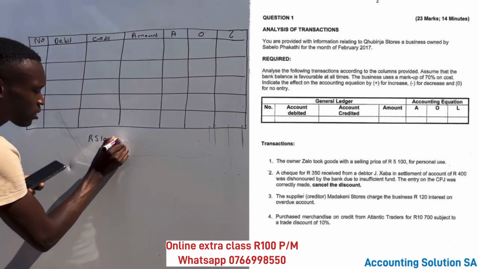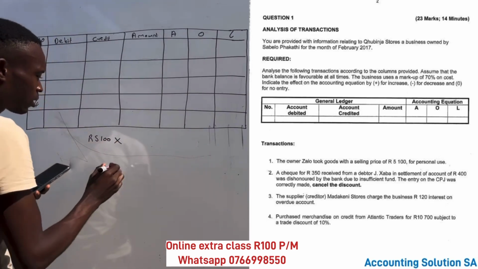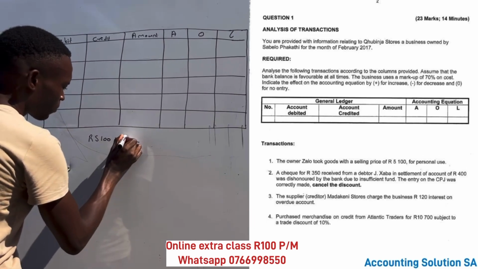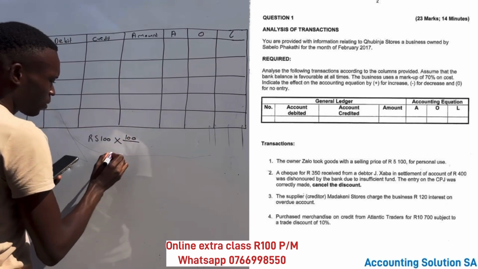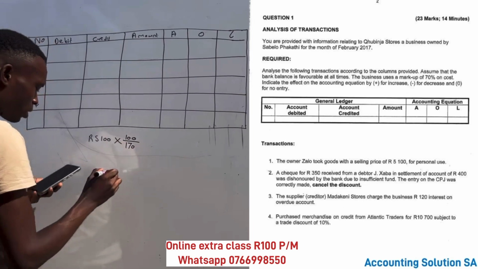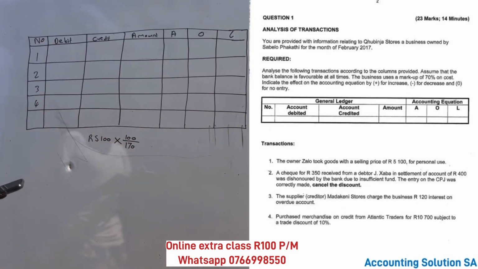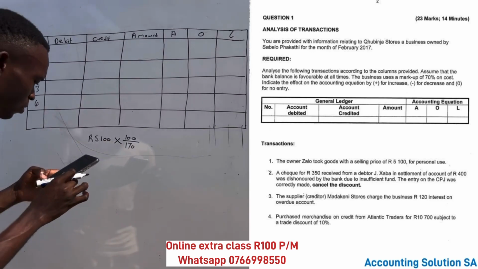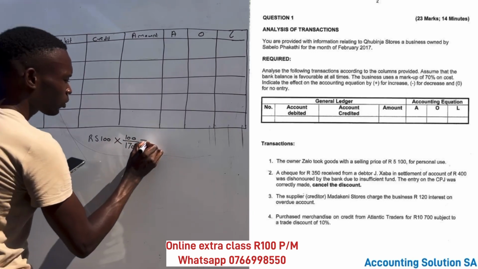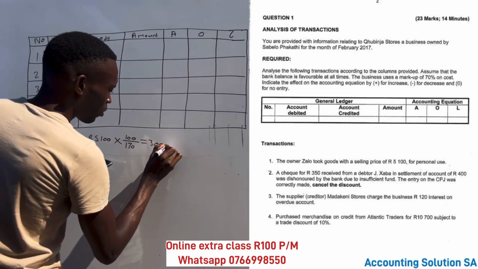5,100, and they give us a markup of 70%. If we are reversing to a cost price, what we need to do is say 100 over 170. Let me calculate this: 5,100 multiplied by 100 over 170 gives us an amount of 3,000.